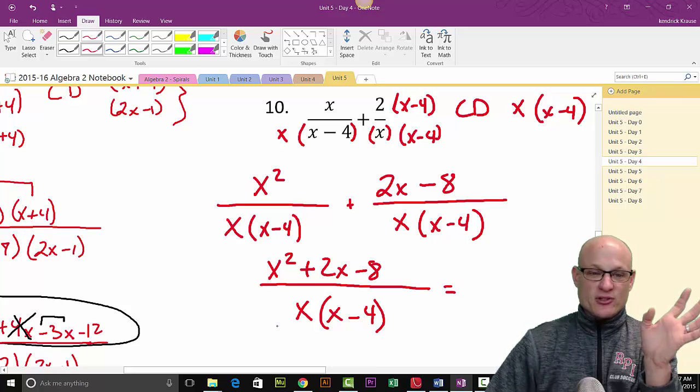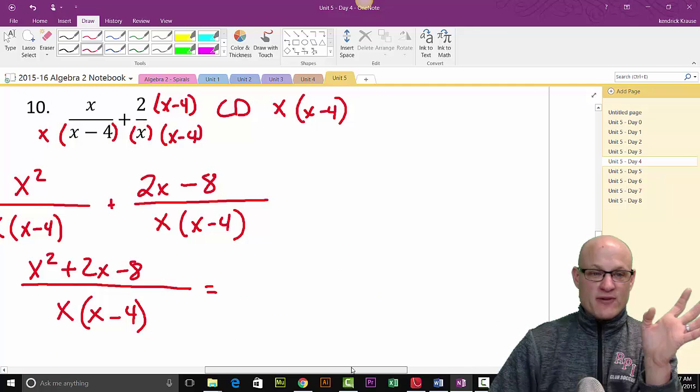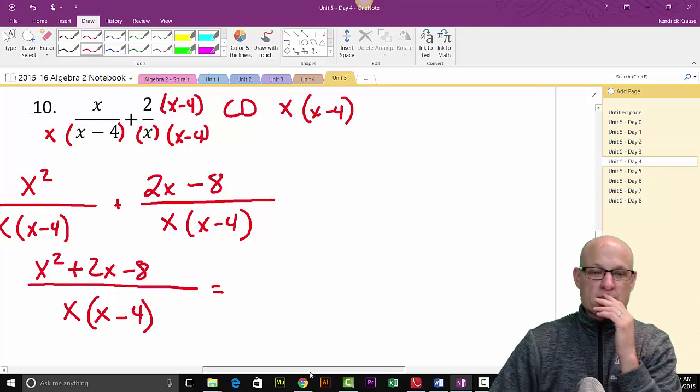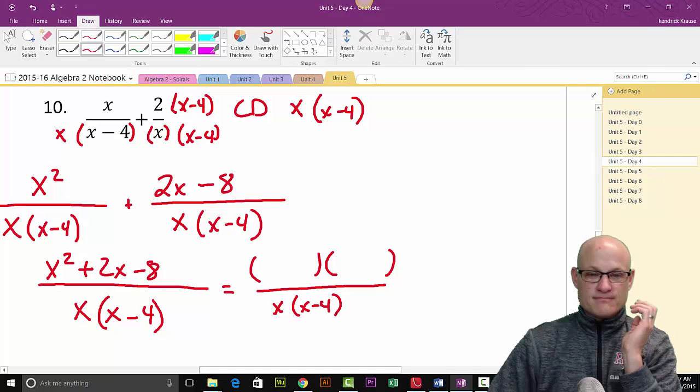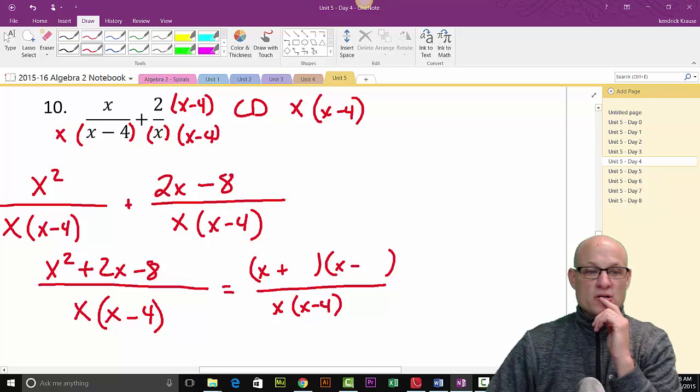But I have to look to see if this can be factored. I think it can. So, x and x, they have to multiply to negative 8, which means one's got to be positive and one's got to be negative, and add up to positive 2.